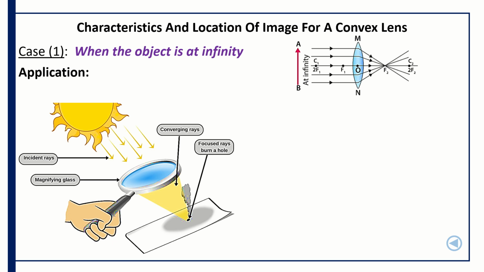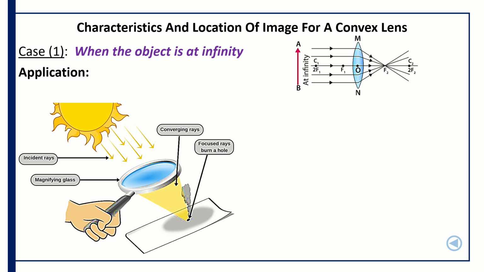When the light rays come from the sun and fall on a convex lens, they fall parallel on it. So the convex lens will converge all those parallel rays of light at one single point, that is the focal point or principal focus F2 of that convex lens.